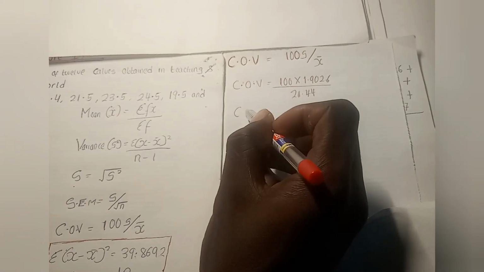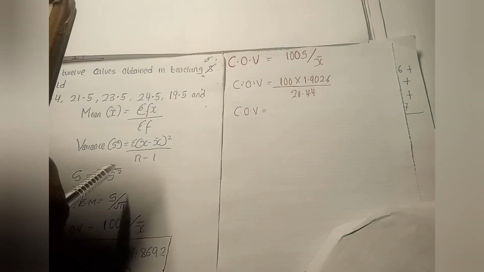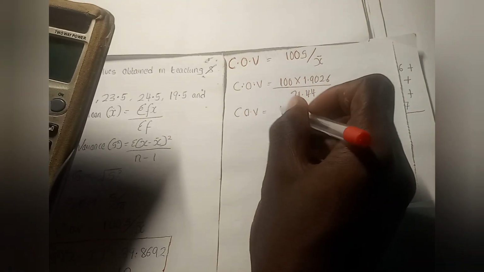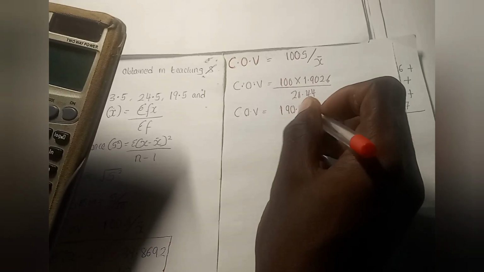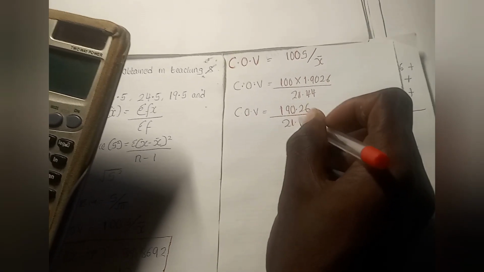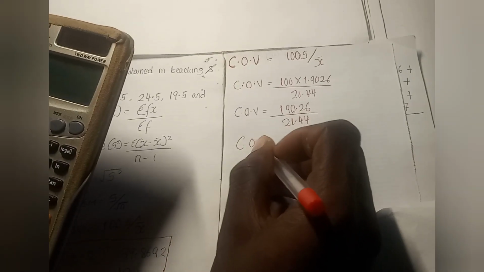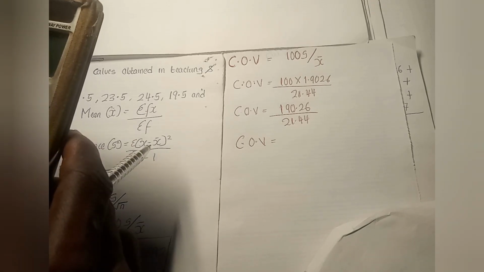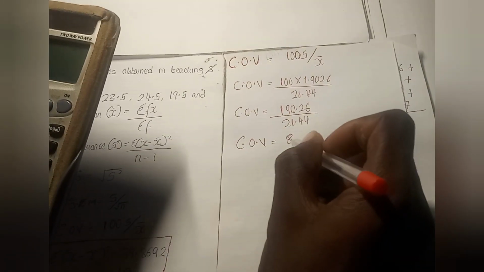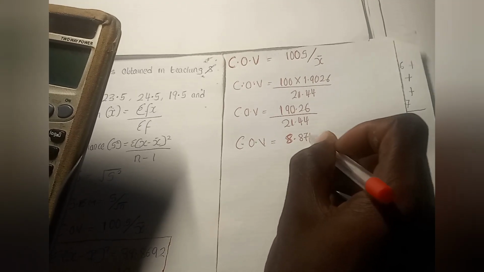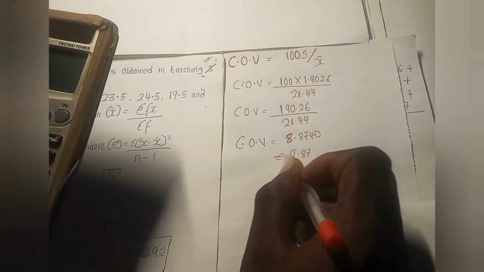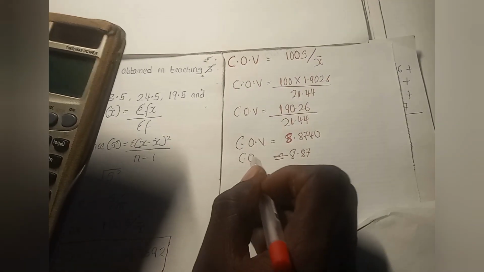So my coefficient of variation is 100 multiplied by 1.9026, which is 190.26, all over 21.44. Divided by 21.44, the answer is 8.8740. We have 8.87. That's the coefficient of variation.